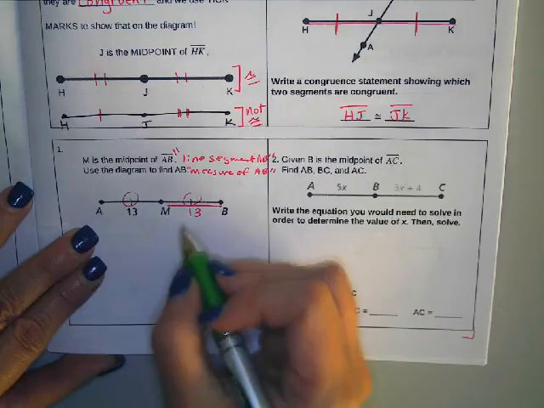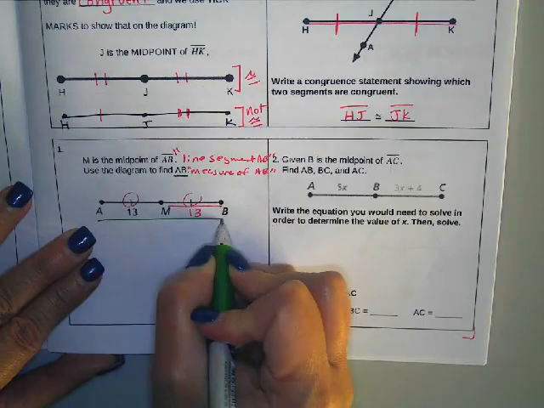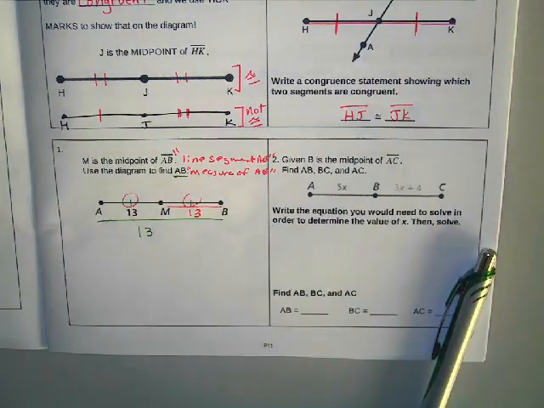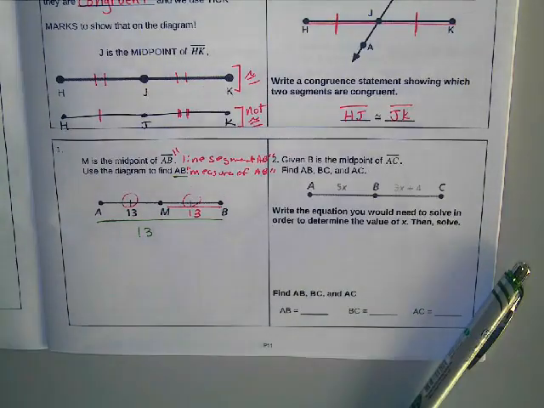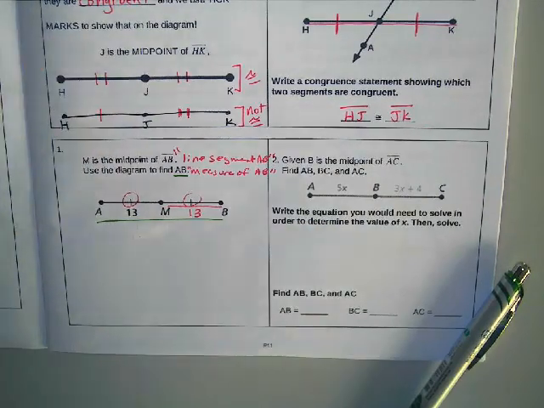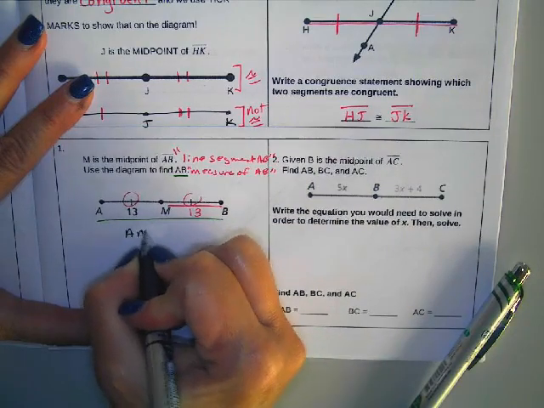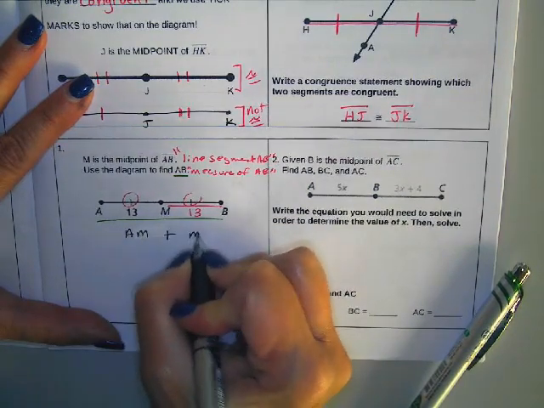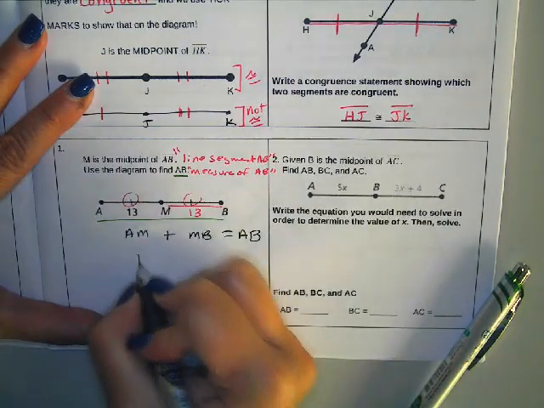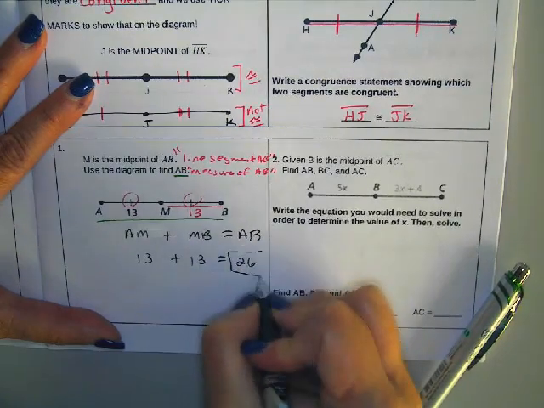Now, the question is asking, use the diagram to find the length of AB. AB is the whole thing. This one's pretty straightforward and it seems silly, but I just want you to get in the habit of it. It's going to be segment AM plus segment MB equals segment AB, which is 13 plus 13 equals 26. And that's the answer to our question.